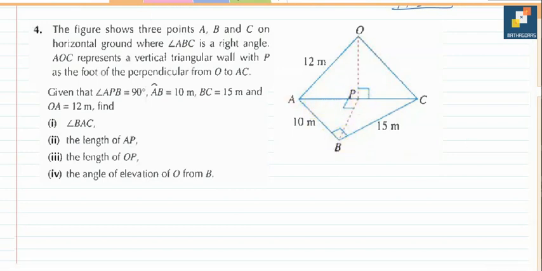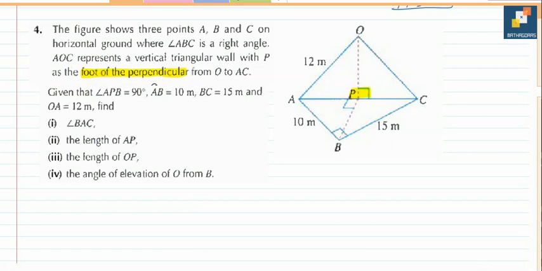So you can see that angle B is a right angle. AOC represents a vertical triangular wall with P as the foot of the perpendicular. Now foot of the perpendicular indicates that it is 90 degrees, right? That is meant by foot of the perpendicular from O to AC.